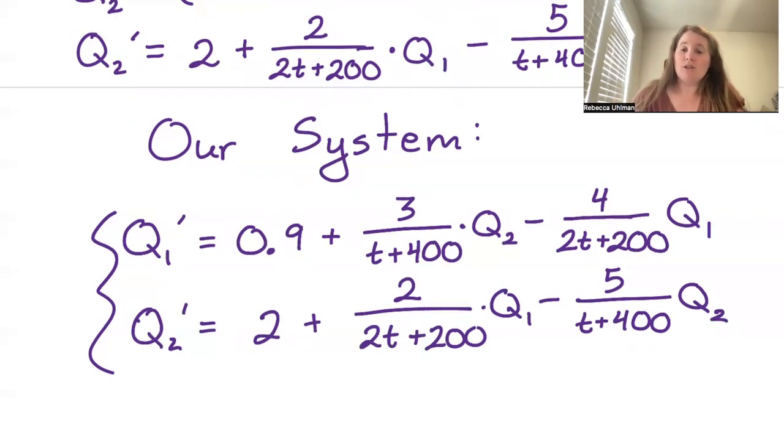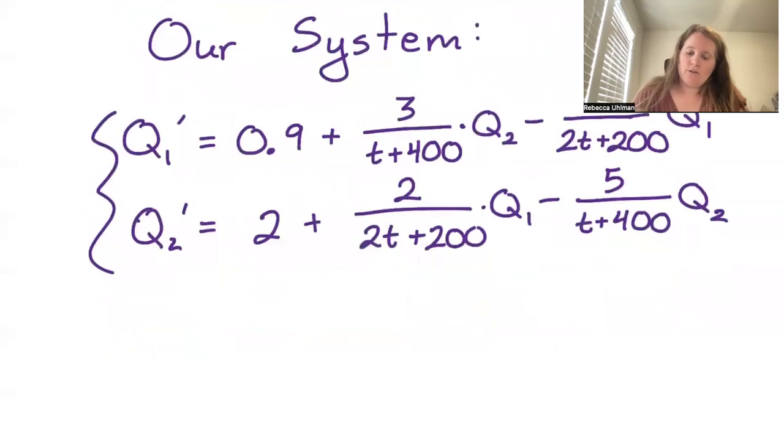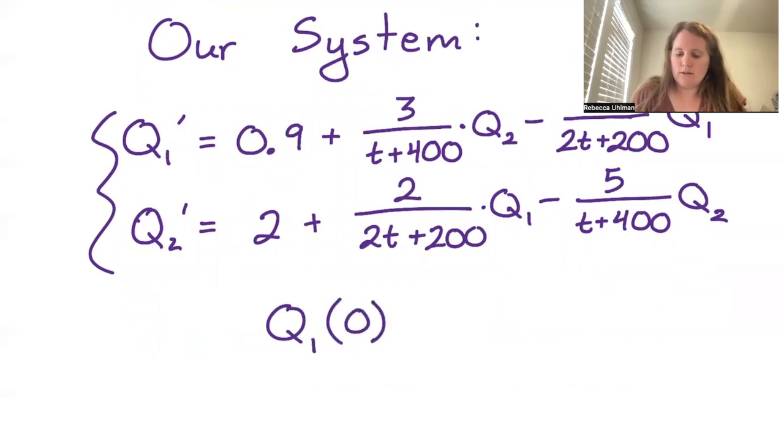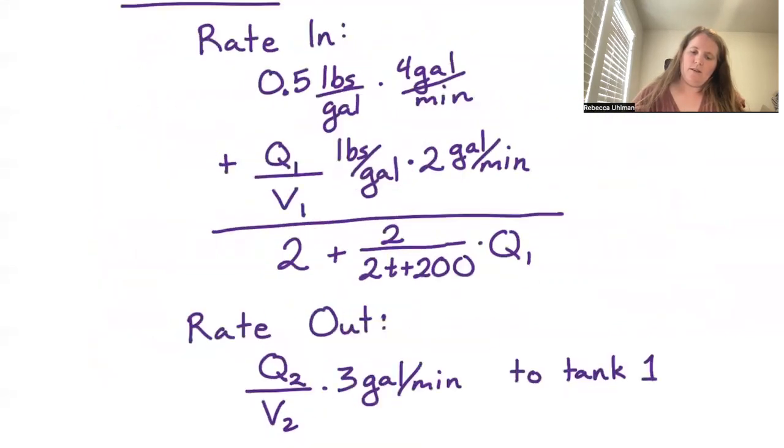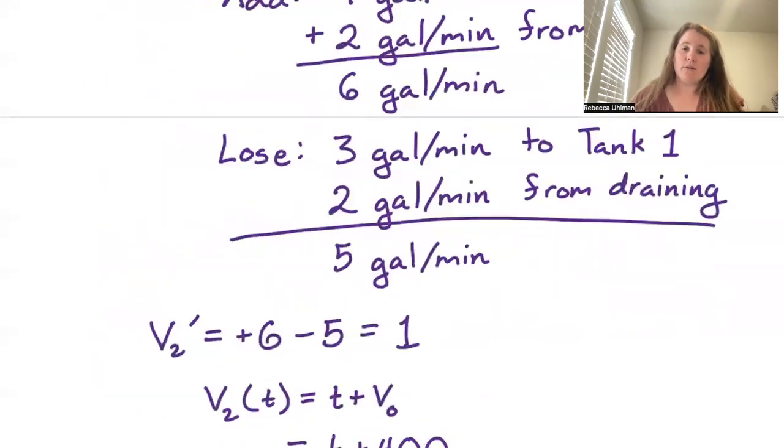And then we have initial conditions. Our initial quantity of salt in tank 1 was 20 pounds. Our initial quantity of salt in tank 2 was maybe 80 pounds, but let's just check that. I apologize for the scrolling.